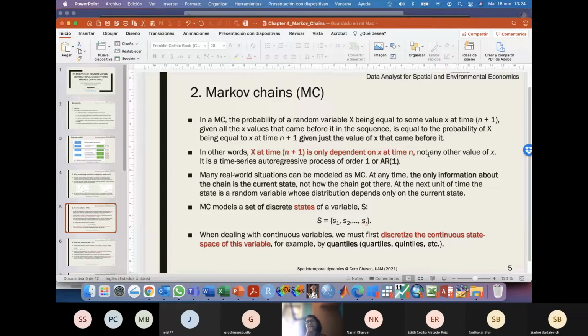We could say that our phenomenon, population of cities, really in the next decade, depends on the city size in the previous moment of time? Or they have more memory, perhaps 2 periods, 3 periods? So this is not always easy.